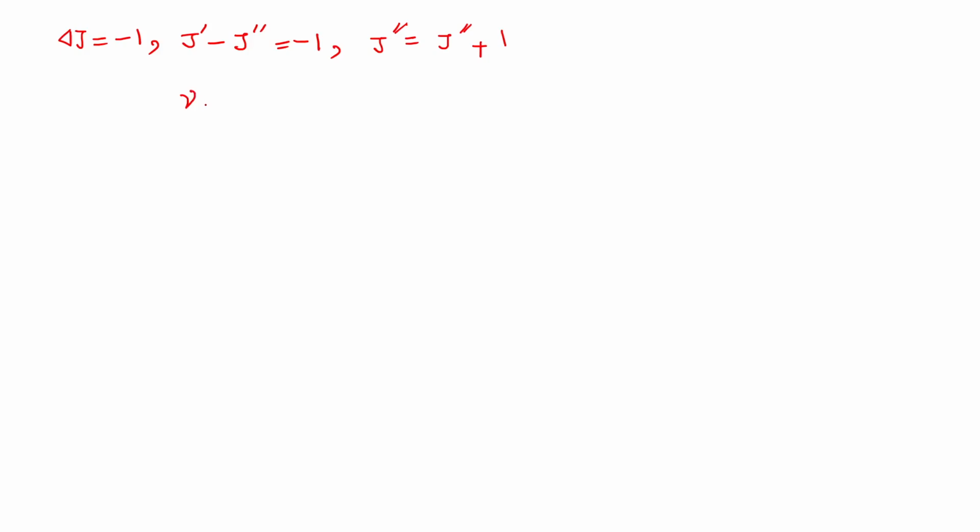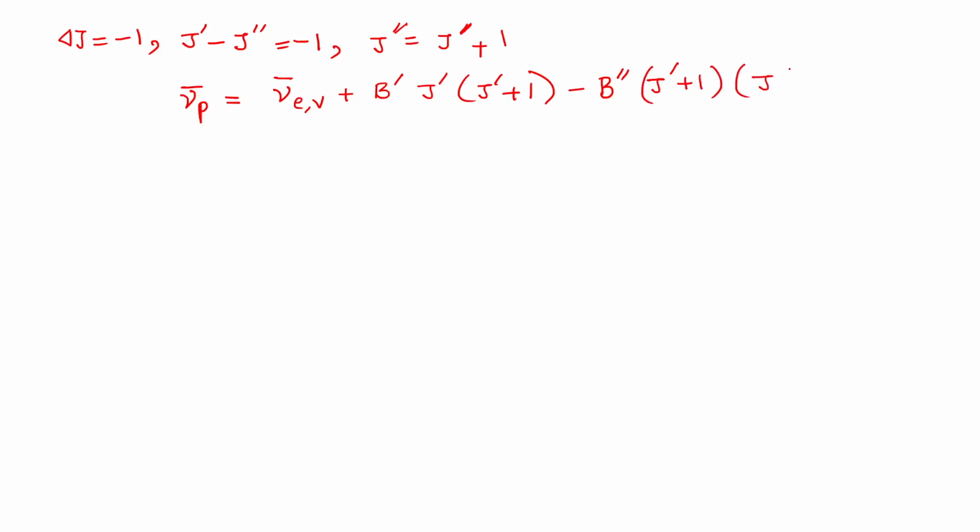So nu bar p is going to be nu bar ev plus b dash, j dash is going to be your, so this is actually single, so your j dash plus 1 minus b double dash, j double dash would be j dash plus 1, and this is going to be j dash plus 2.